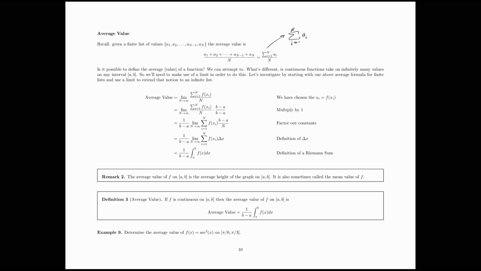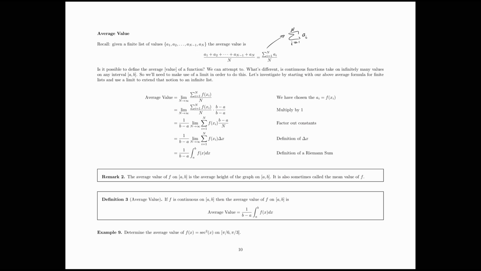Okay, well, is it possible, does it even make sense to try to figure out or define the average value of a function? Unlike this list of values, there's a finite number of these.